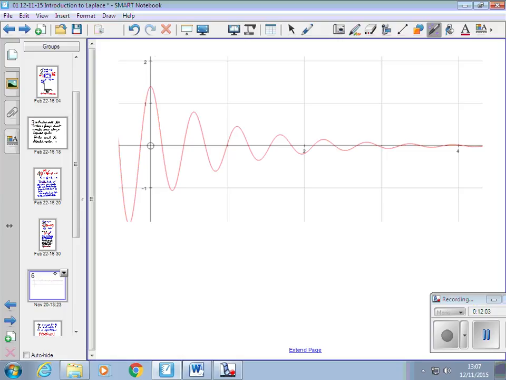So for given values of L, R and C, I can predict a few things about this circuit. I can predict what the initial voltage might be across the resistor, if that's what I was interested in, or across any of the components in there. I could predict how long it would take before the charge or the flow dropped to 0, in other words, before I got to a steady state in the circuit.